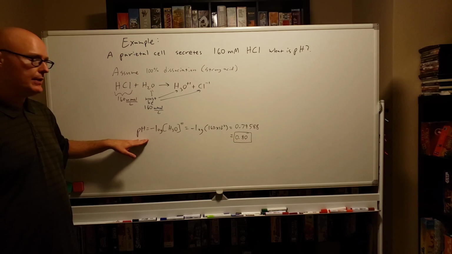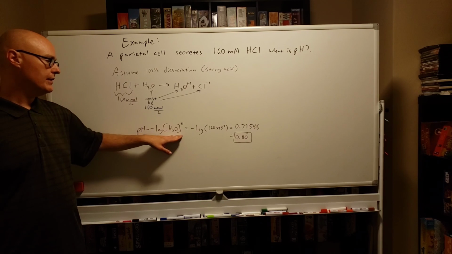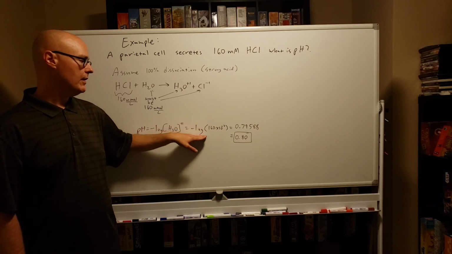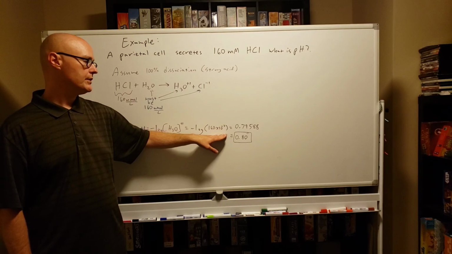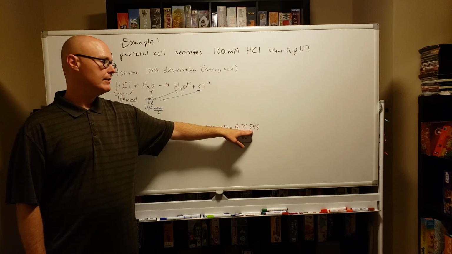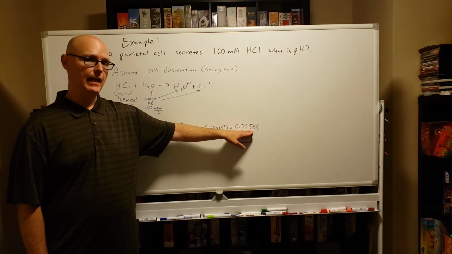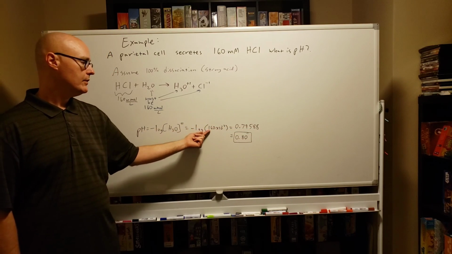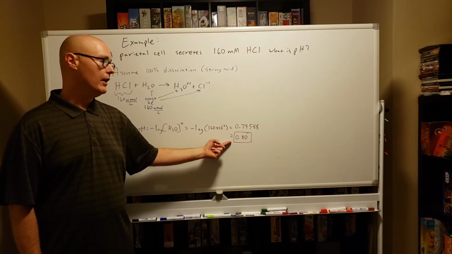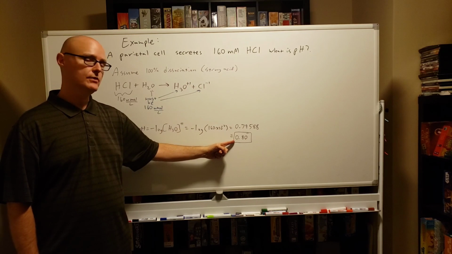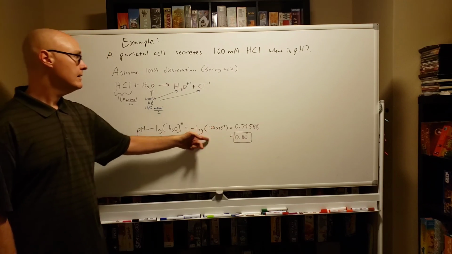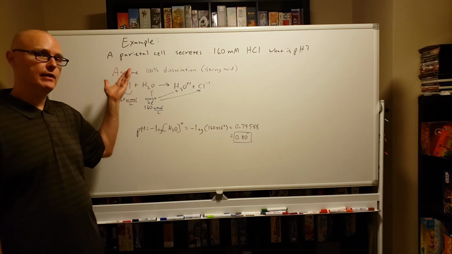The pH is equal to negative log of the concentration of hydronium, negative log of 160 times 10 to the minus 3. That's going to give me 0.79588. I had two significant figures, so I want to report my answer in two significant figures. So the pH of the secretion is 0.80. It's incredibly acidic, which is important because it helps you digest your food.